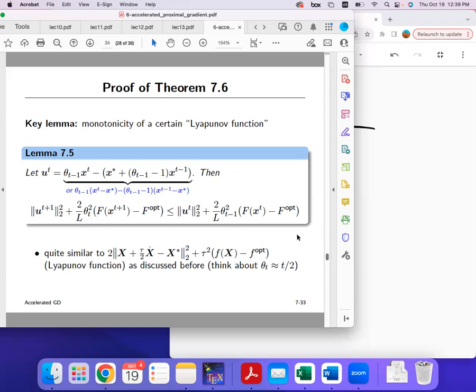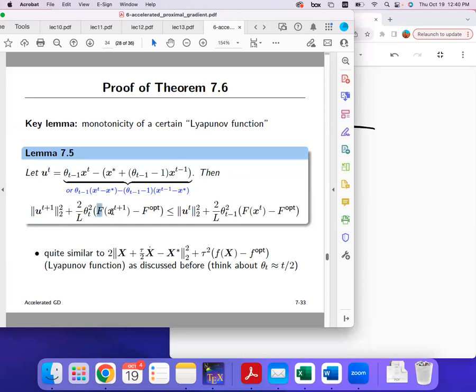This is similar to the result in gradient descent. In gradient descent, we don't have these terms. So there, our claim would be that the objective function value is decreasing. We don't have theta_t, we don't have these quadratic terms.